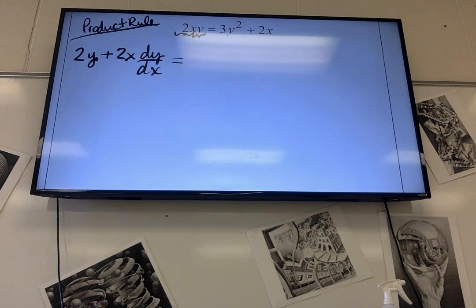Do we have to use the product rule for 3y squared too? No, because 3 is a constant. Only when you have two functions multiplied together. So this is 6y dy dx plus 2. So from there, y'all go for it.